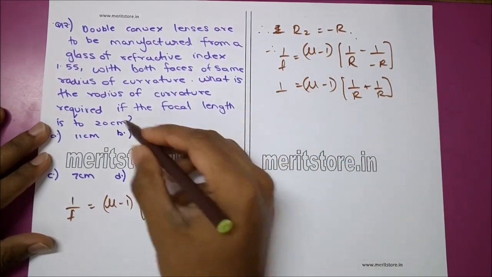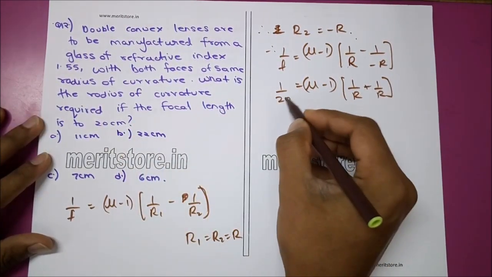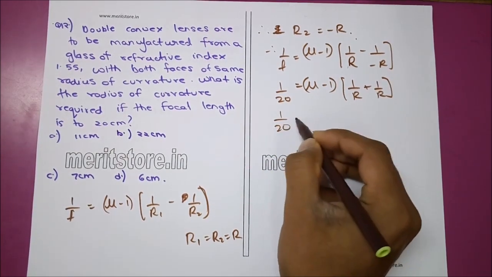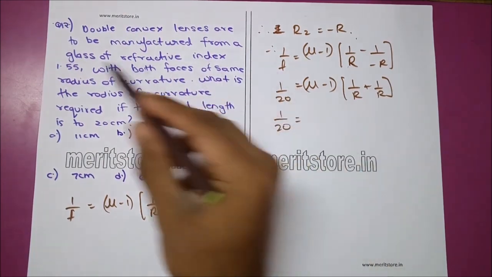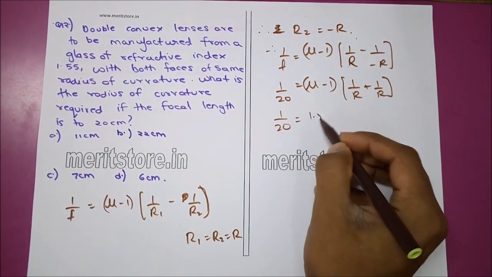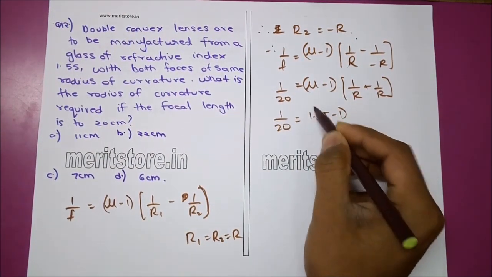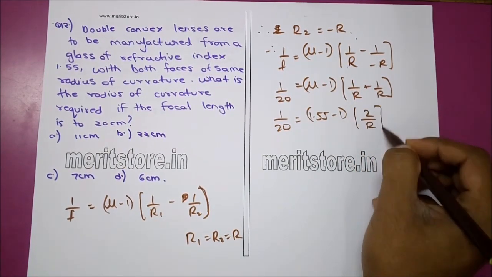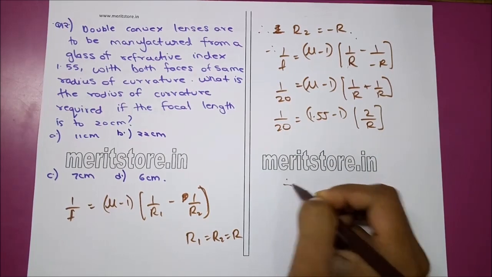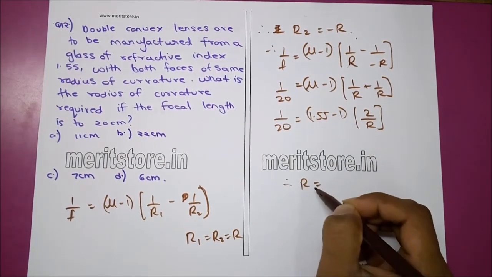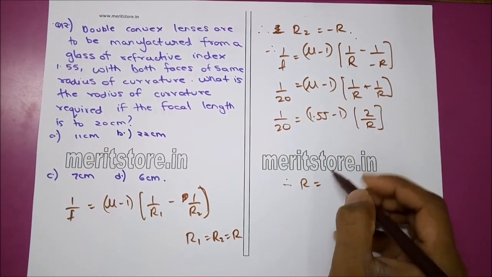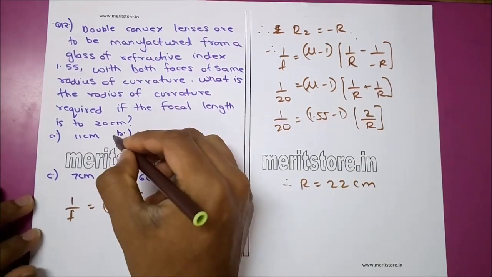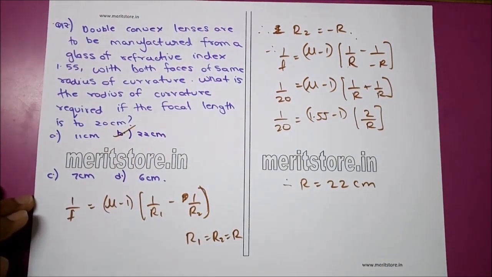So for 1 by f, the focal length is required to be 20 centimeters, so that is written as 1 upon 20 is equal to, the refractive index is given as 1.55 minus 1, times 1 upon r plus 1 upon r, which can be written as 2 upon r. So solving this to get the value of r as 22 centimeters. Hence option B is the correct answer.